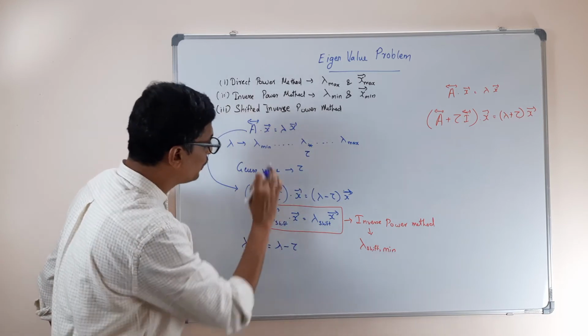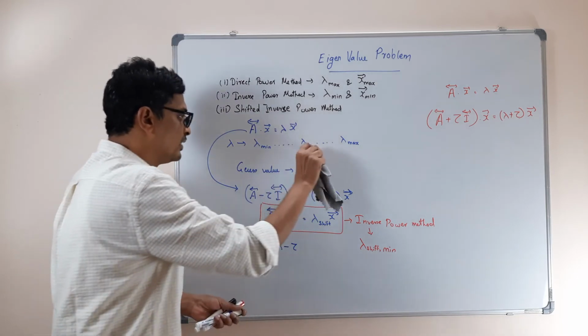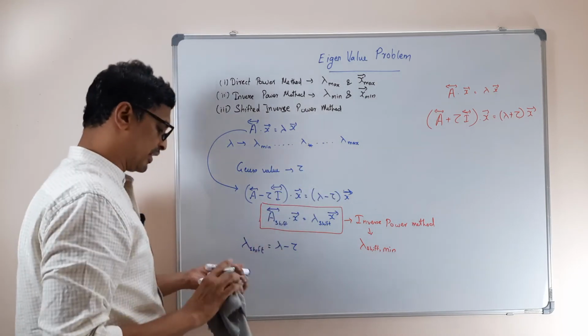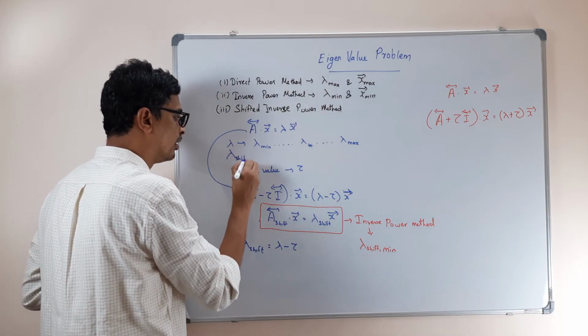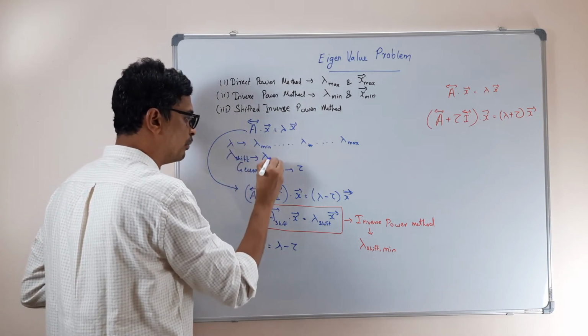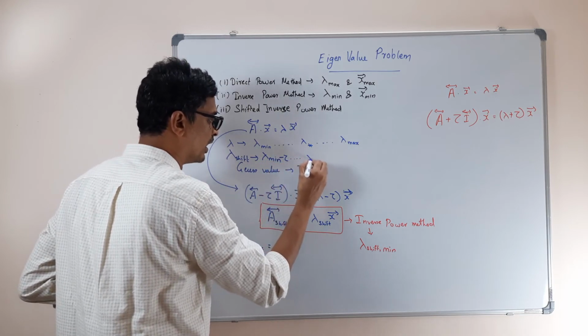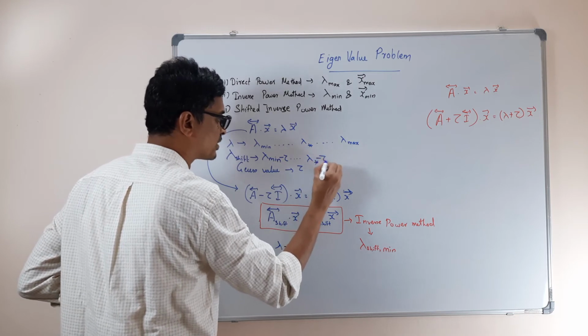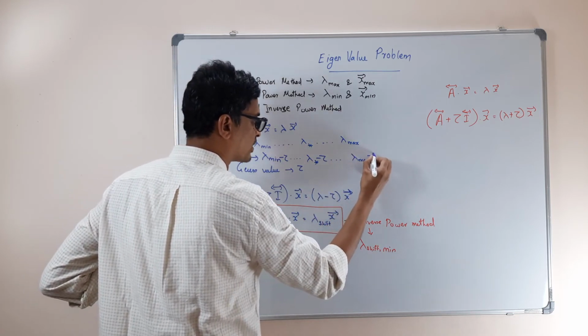So the shifted eigenvalues will be λ min minus tau, on to λ star minus tau, and λ max minus tau.